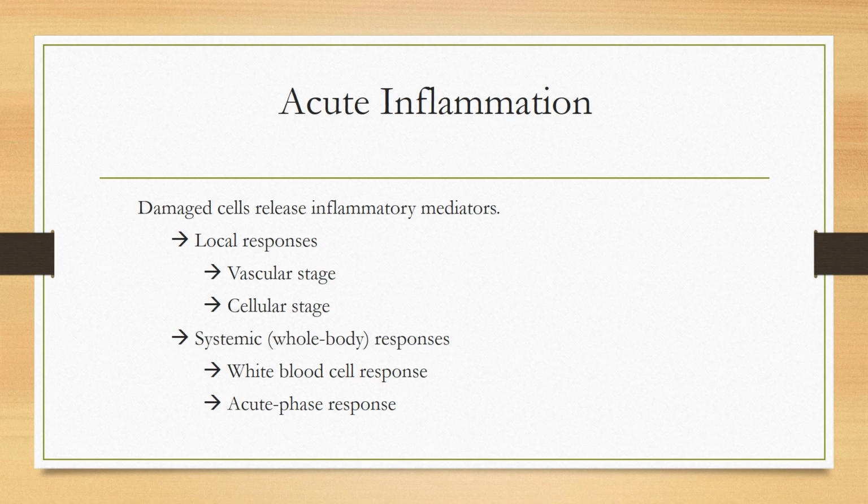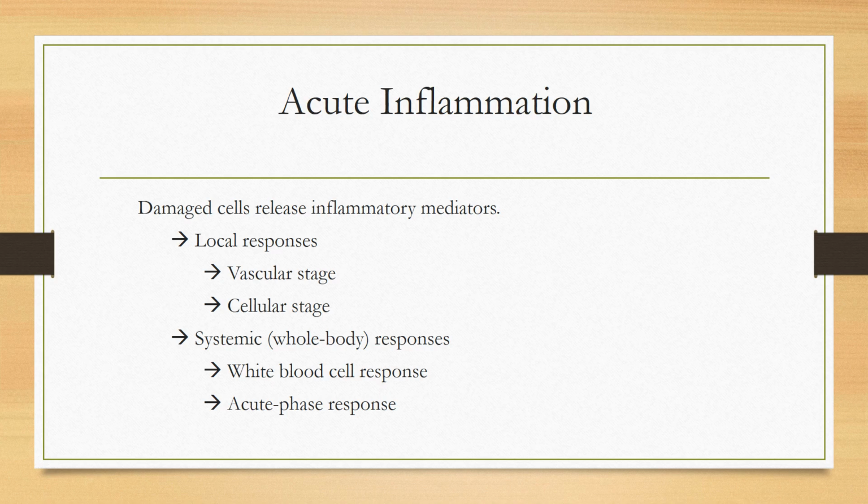So, damaged cells from the inflammation release those mediators, and we have that local response. The inflammatory mediators will cause an increase in white blood cell production as well, so we'll see an increase in the leukocytes. You might also see immature neutrophils released into the blood during this time.